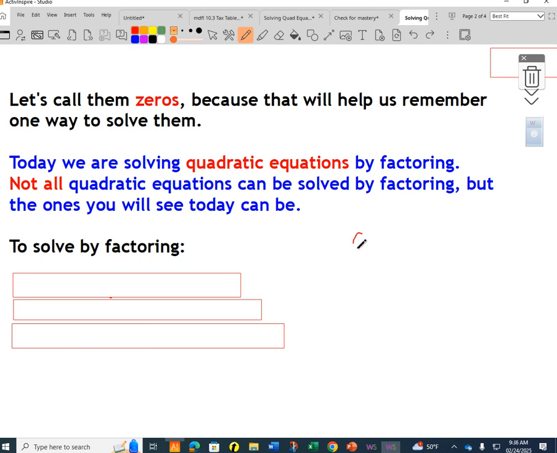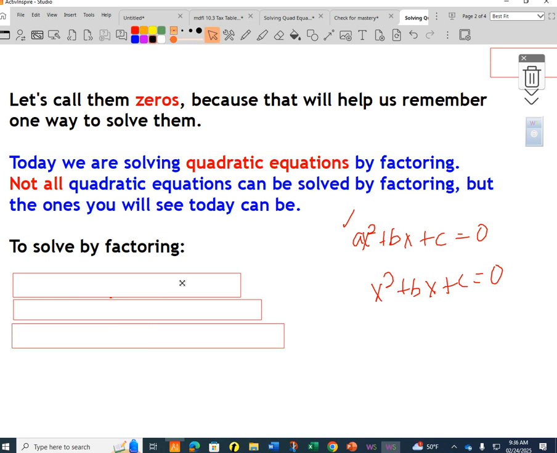So if they were in ax squared plus bx plus c equals 0, that was one form. x squared plus bx plus c is a different form. And we factored the 4-term polynomials by grouping, but we learned that so we could factor these expressions.